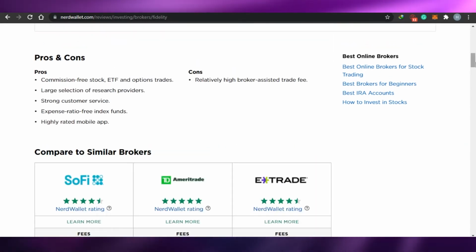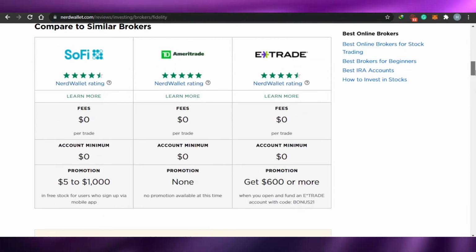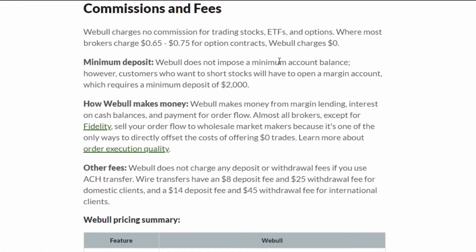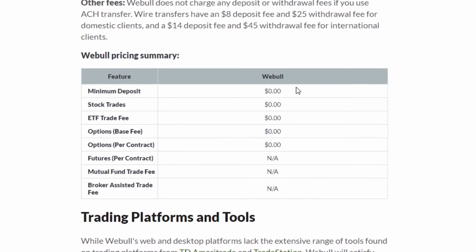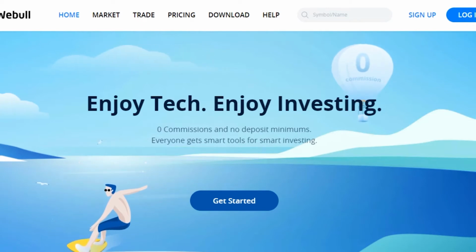The sign-up process for both of these apps is actually not that hard. It's completely easy. So if we go to WEBULL and check out their fees, you can see right here: minimum deposit $0, stock trade $0, ETF trade fee 0, base fee 0, per contract 0. So if we compare them, that's why I told you that WEBULL is better for trading as compared to Fidelity.